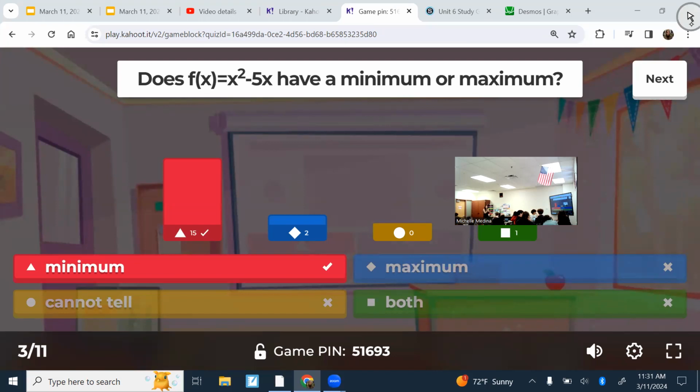Make sure tomorrow, even if you have no clue, even if you don't care about your grade, just pick one. It's one or the other. I can't tell you how many times people either leave that blank, or they say neither, or they say both. It cannot be both. It's one or the other.